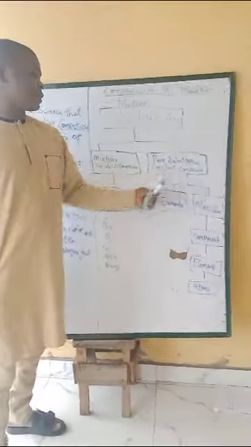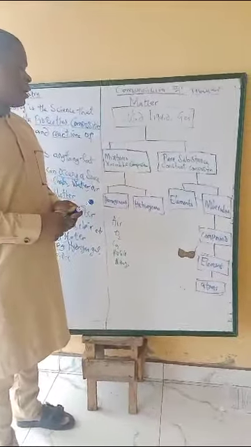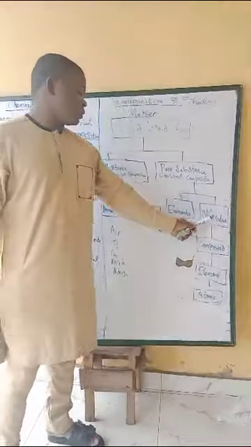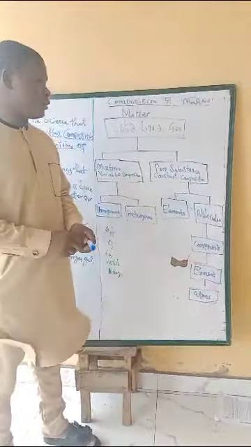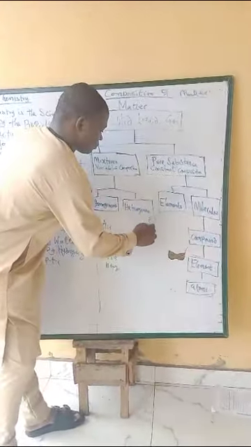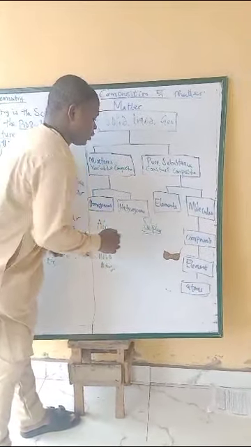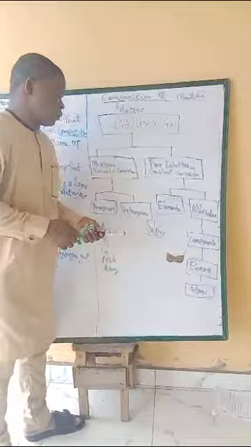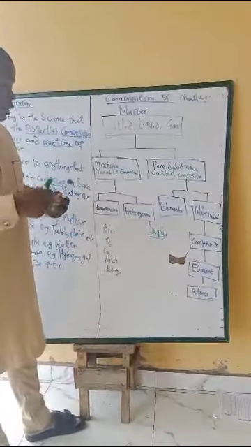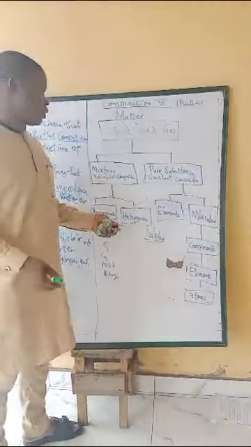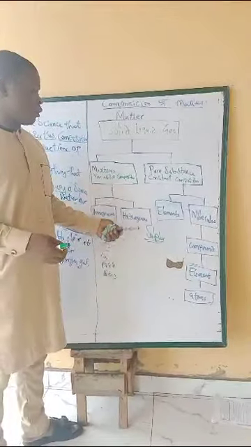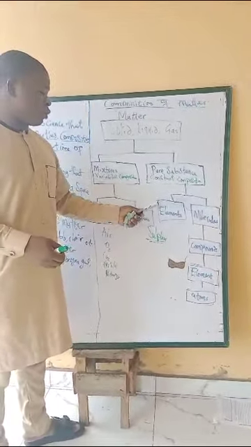Examples of pure substances are molecules and elements. For example, sulfur. Sulfur is a yellow substance majorly used in industries for the production of many things we eat and use. Sulfur, aluminium, all these have constant composition, so they all fall under elements.